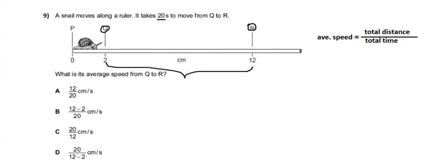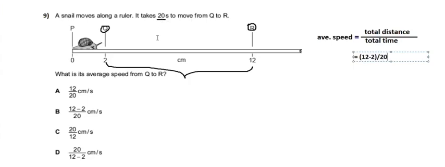So here you can write: the total distance is 12 minus 2, I will put these numbers in brackets, divided by the total time taken, 20 seconds.